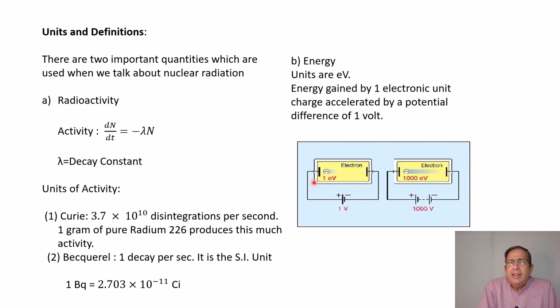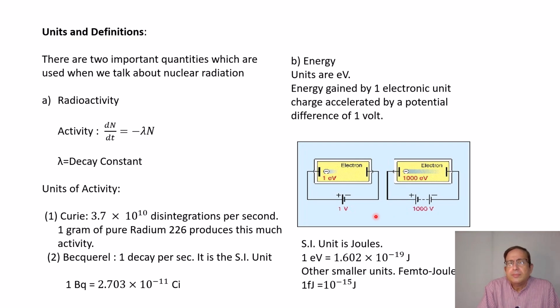So it gains an energy of 1 electron volt in this process. Similarly, if you have a 1000-volt potential difference, and electrons are allowed to travel this potential difference from one end to another, then it will simply gain an energy of 1000 electron volts. So this is how the unit of energy is defined.